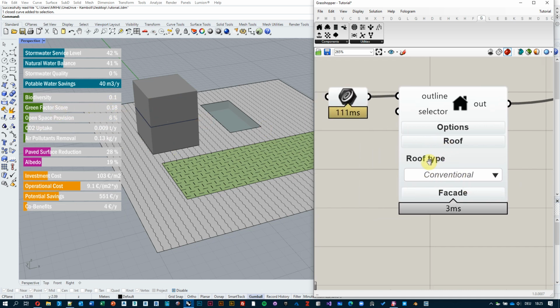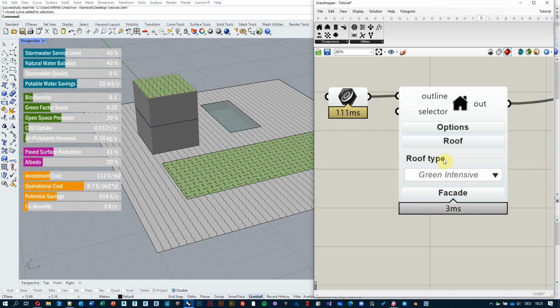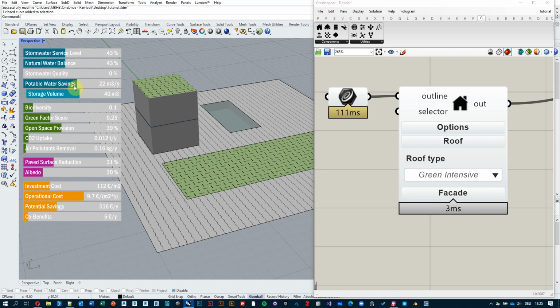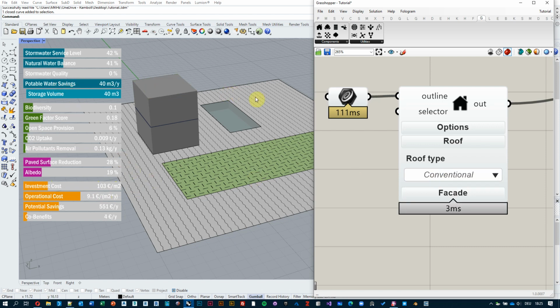So if I was to maximize against the green scores over here, then I would probably want to go with my intensive green roofs. But if I'm willing to maximize the potable water savings over here with keeping the investment cost to the minimum, then I would probably go with the conventional rooftop to maximize the runoff.